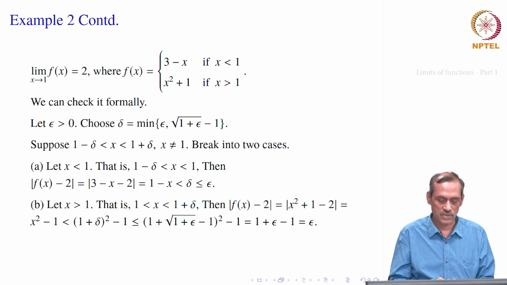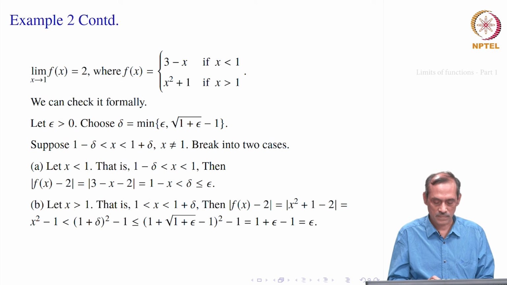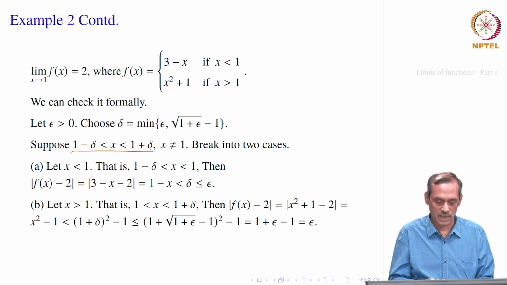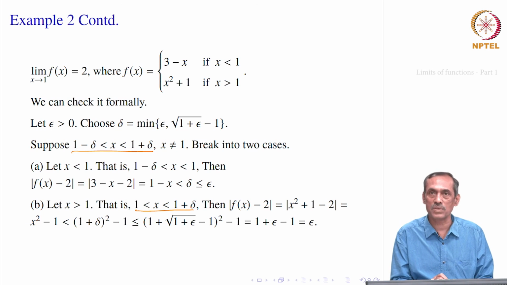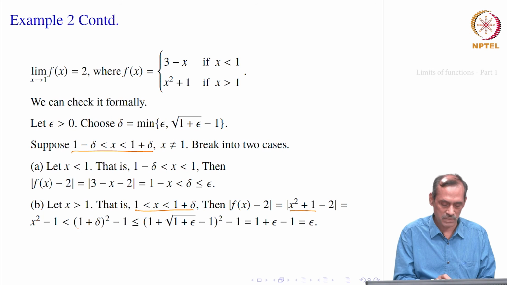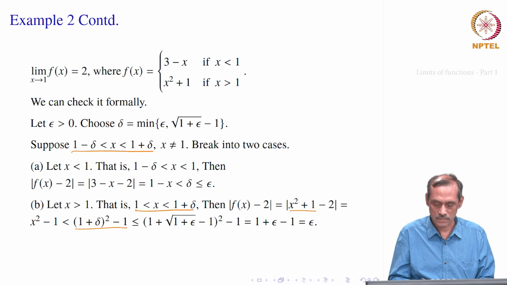Now, you take the second case, say x is bigger than 1. In this case, with the assumption 1 minus delta less than x less than 1 plus delta and x bigger than 1, we get that x must be lying between 1 and 1 plus delta. So, 1 is less than x less than 1 plus delta. In that case, we should verify our condition on mod of f x minus 2. So, f x minus 2 in absolute value here is x square plus 1 minus 2, which is x square minus 1, that gives (1 plus delta) square minus 1.